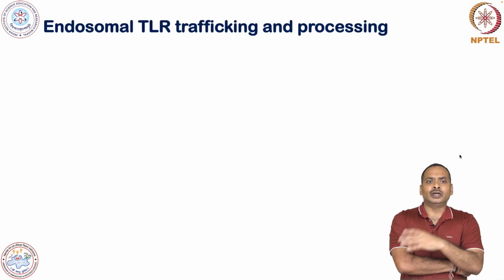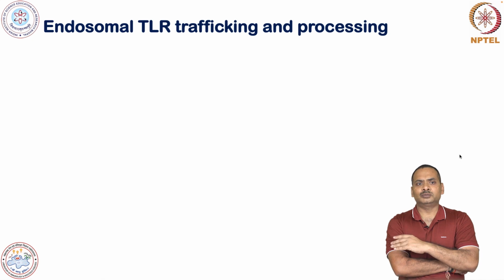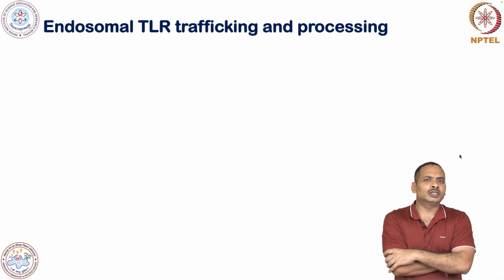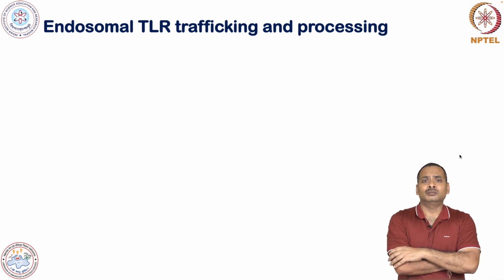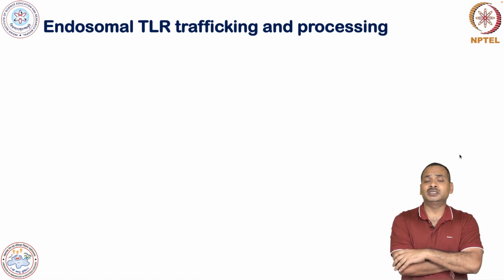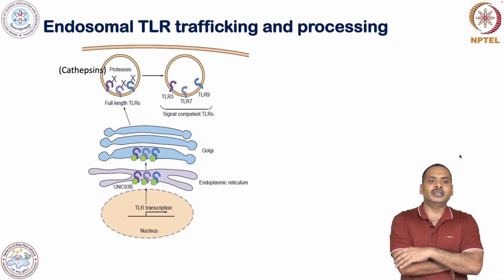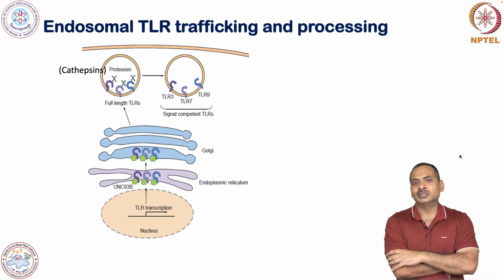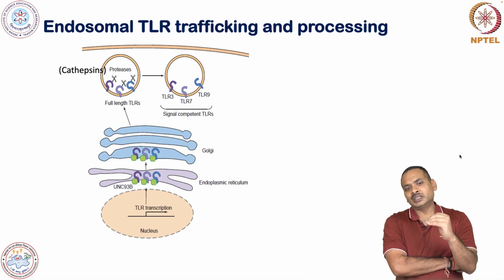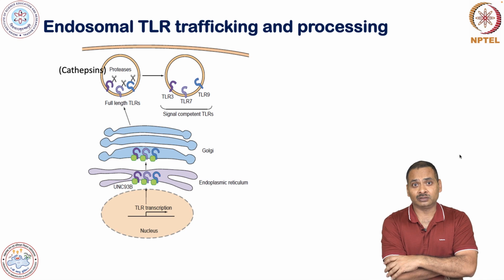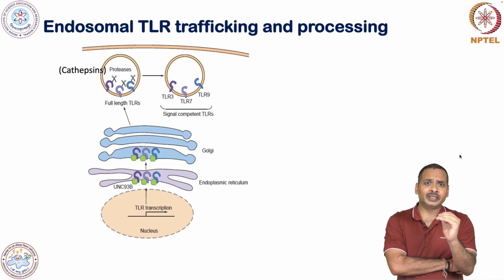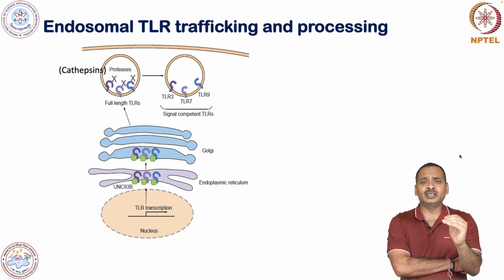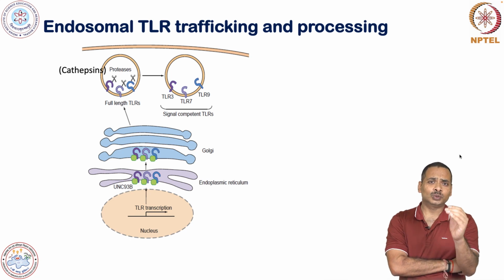So, endosomal TLR trafficking and processing. There is one very important molecule which I have not discussed during TLR in the previous session, which we call UNC93B. This molecule is expressed on the endoplasmic reticulum, and it is very much needed to take the newly synthesized TLR 3, 7, 9 to the endosomes.